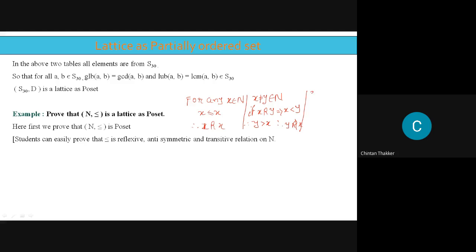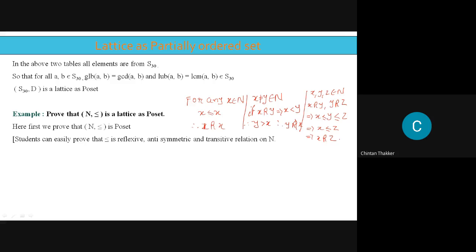And for x, y, z belongs to N, x related to y and y related to z implies x less than equal to y and y less than equal to z. So that gives you x less than equal to z. So x is related to z. So it is transitive. So therefore, N comma less than equal to is a Poset.